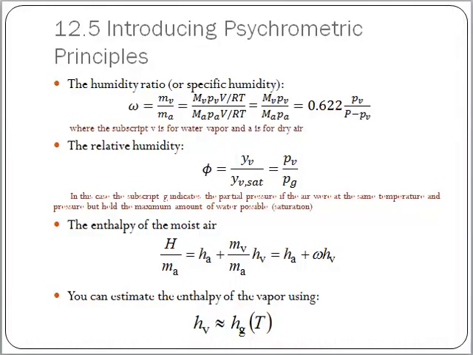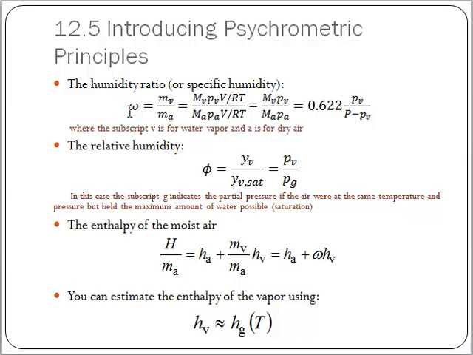Just as a reminder, from the last video, we had these definitions of the humidity ratio or specific humidity, sometimes called absolute humidity, but this is the mass of water vapor divided by the mass of air.